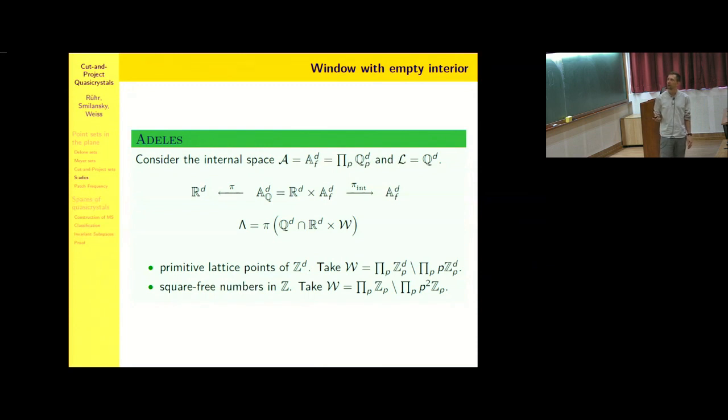For example, if you take your internal space to be the finite ideals, and the window to be the boundary of the unit ball, then you can construct the primitive lattice points. But again, this set won't be a Cartan project set, a quasi-crystal in my sense, because it's not relatively dense.